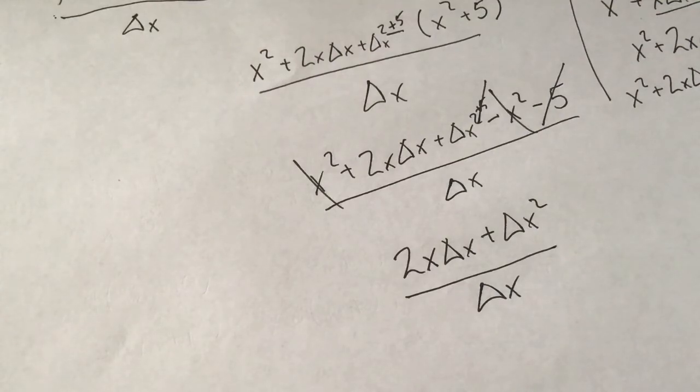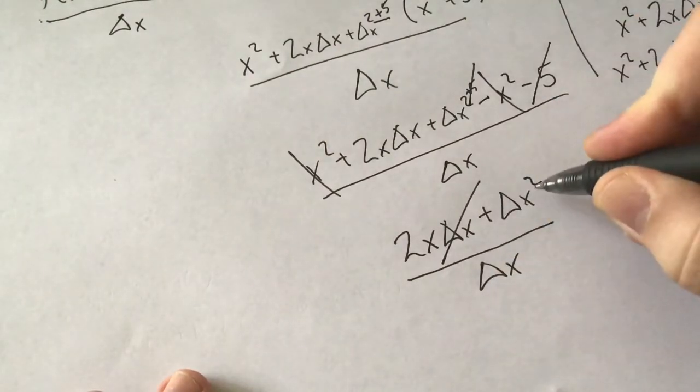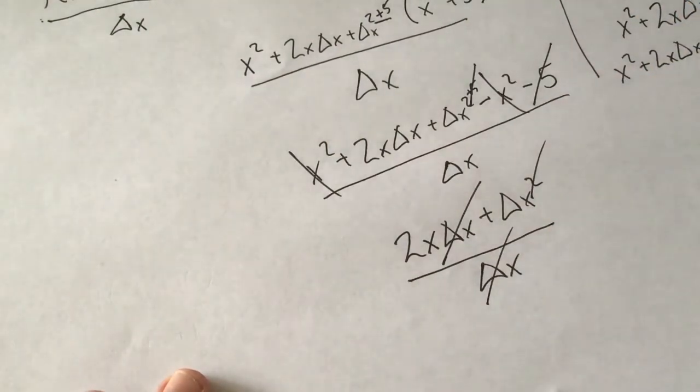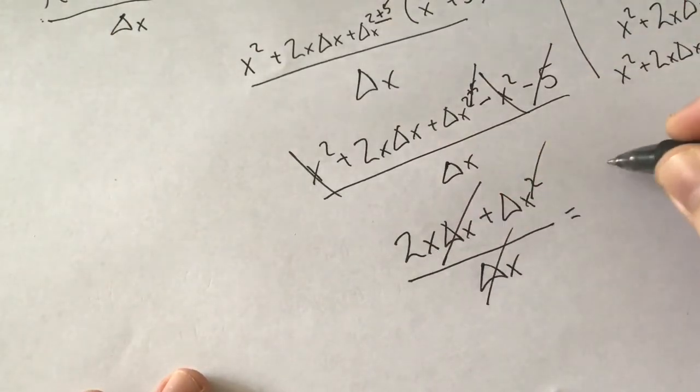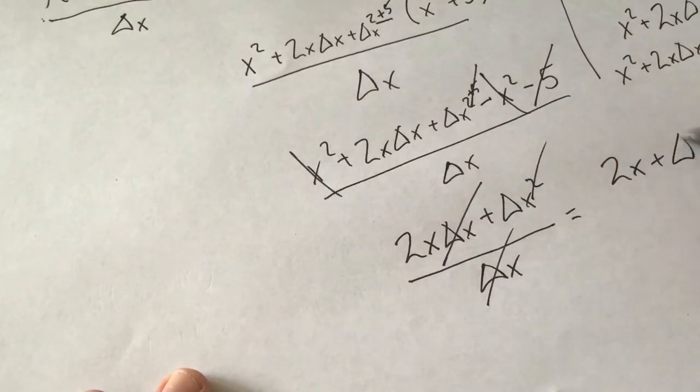It's kind of the same idea as if you see every single number in a fraction being divisible by 2, you divide out that 2, you factor out that 2, right? We can do that with delta x. So we cancel out one of these, we cancel out one of these, and we cancel out this one. Now if we cancel all of those out, what we're left with is 2x plus a single delta x over 1.